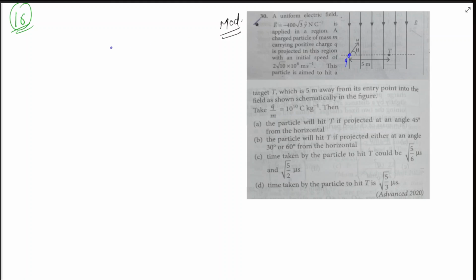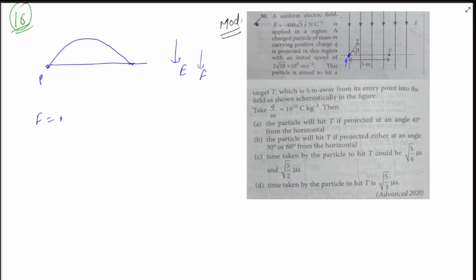Okay. So look, in a normal projectile motion, we have a g in the downside, but here we are not considering gravity. Okay. So the electric field is in the downward direction and Q is positive, so the force will be in the downward direction.